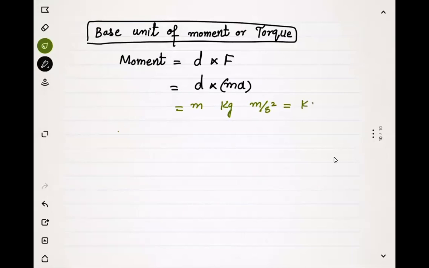So finally it becomes kilogram meter square second minus 2. This is the base unit of moment.